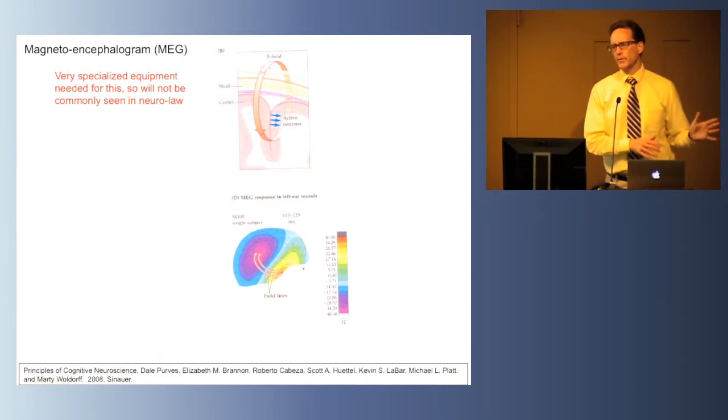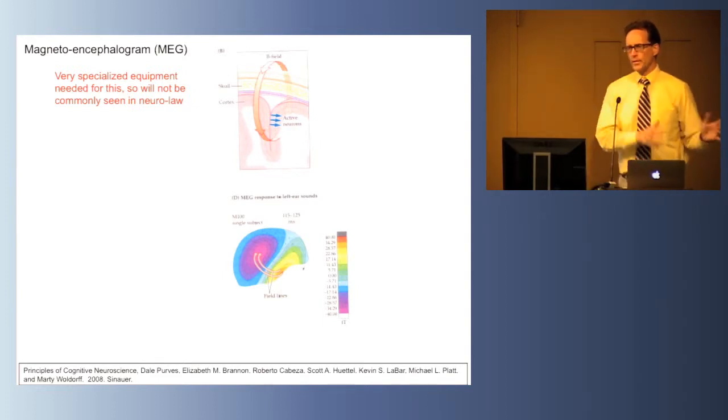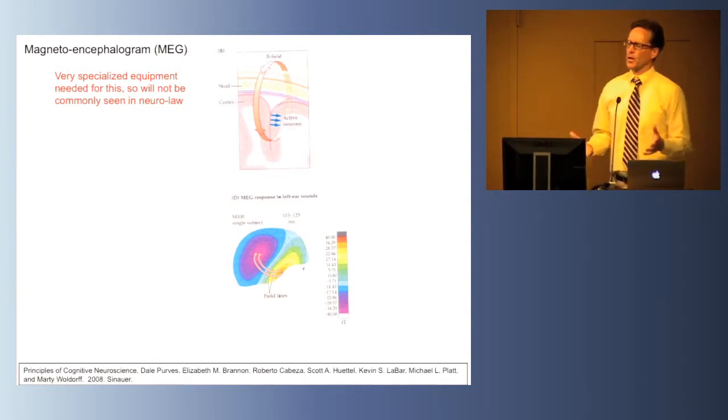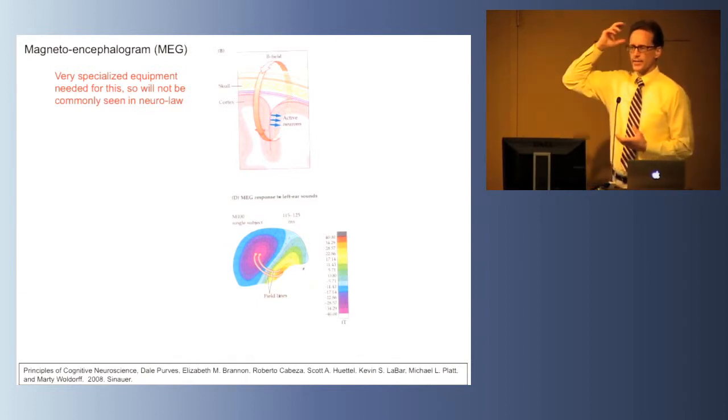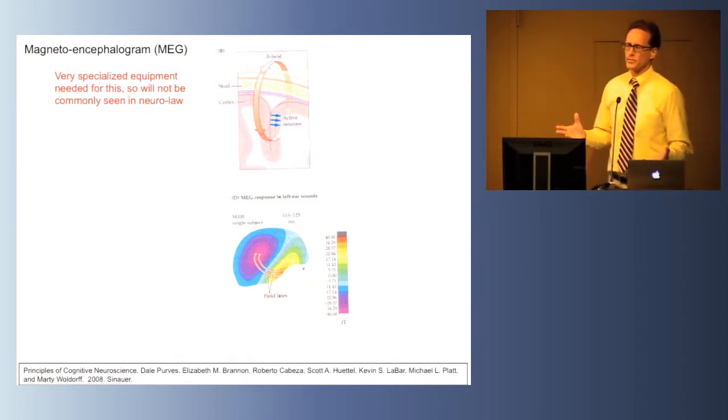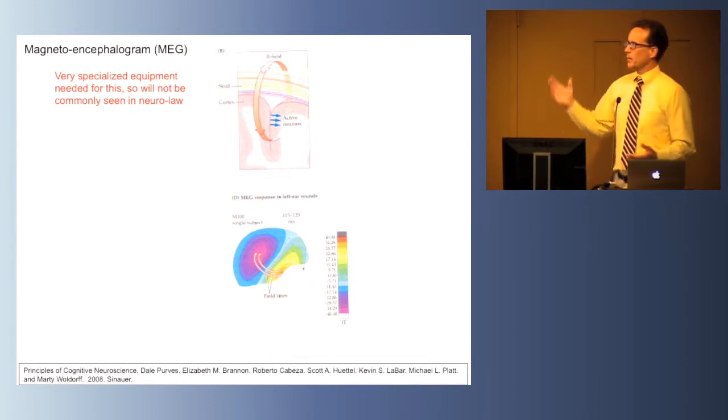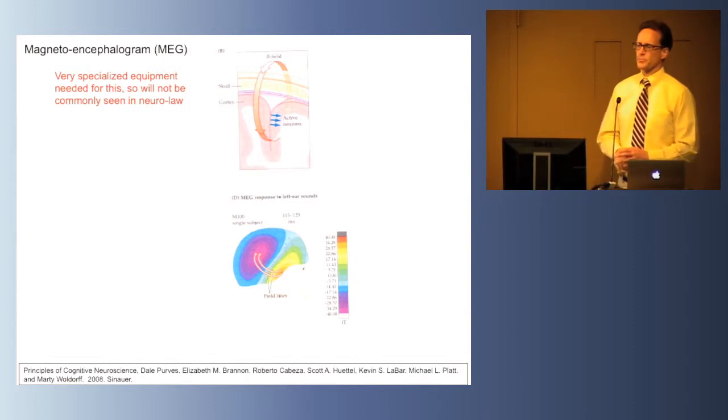The EEG can be recorded with very inexpensive equipment. Indeed, today it's possible to purchase a one-channel EEG recorder for yourself off of Amazon to play with. But the MEG requires a very expensive, highly specialized piece of equipment, so it won't commonly be seen in a neuro law application. So we'll just move right on.